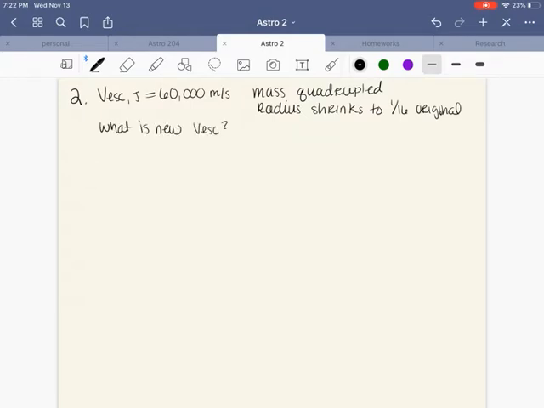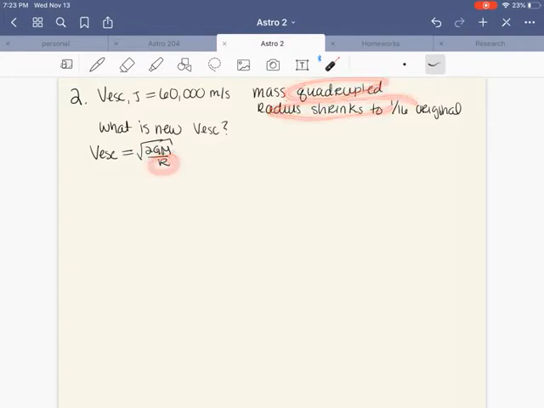So I'm looking at my formula. If I want to get my condensed version, 2 stays the same, g stays the same, M is changing, R is changing, so I have to leave both of them in there.